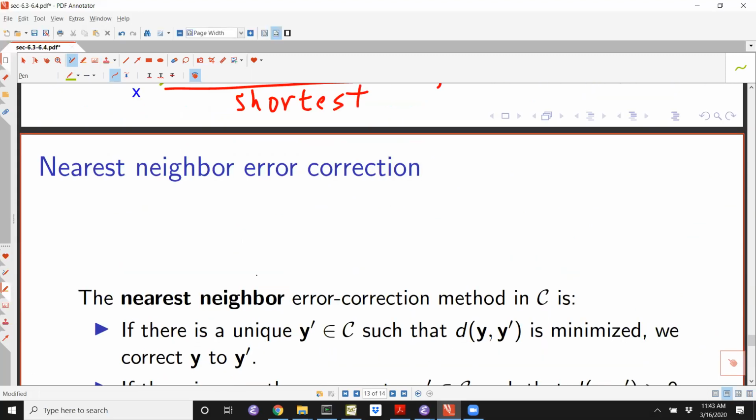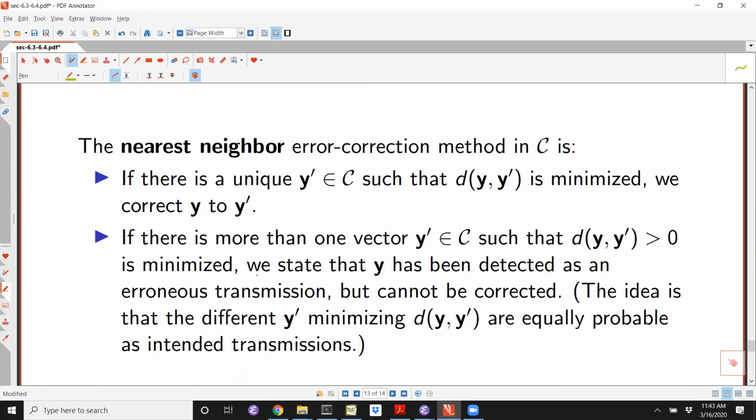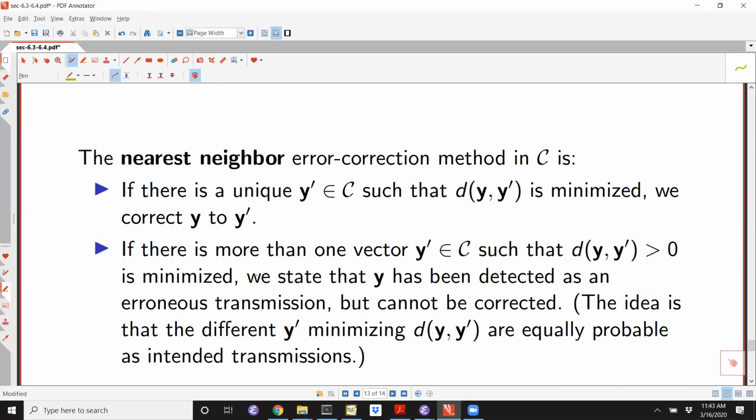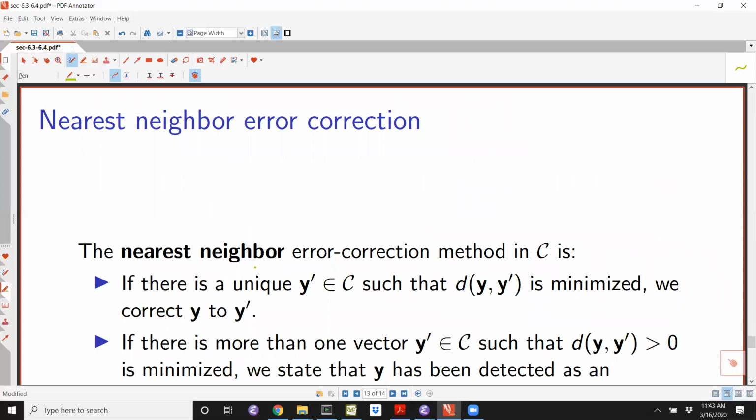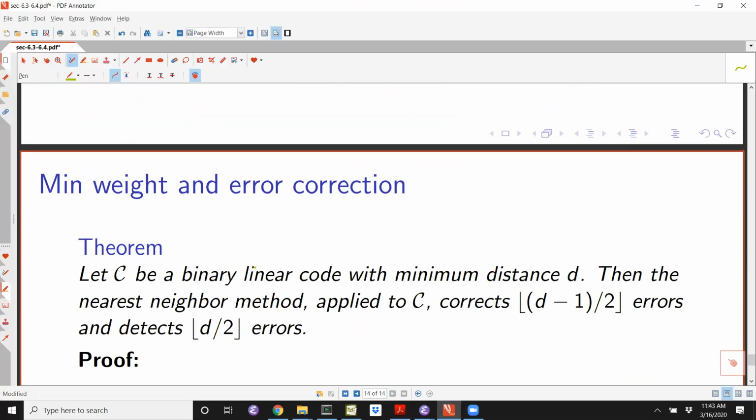All right, very quickly. Shoot. Okay, so let me very briefly talk about nearest neighbor error correction, and then I think we'll talk about this proof about minimum weight and error correction, which is worth savoring a little bit.